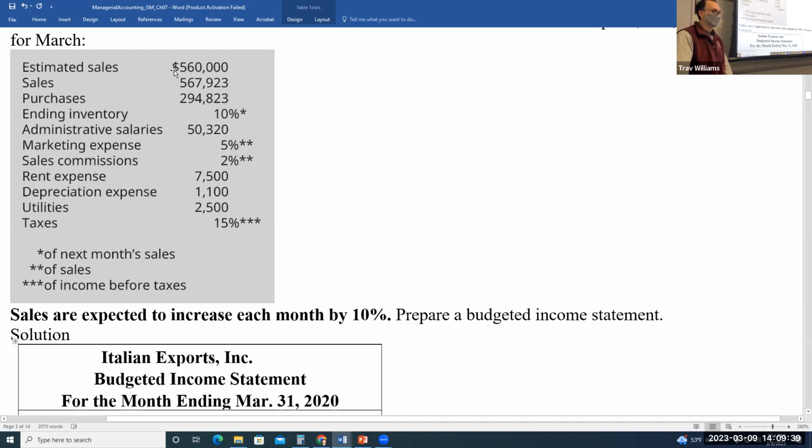Okay, exactly. So like Renee said, if we take our sales, we know our ending inventory is 10% of the next month. That means our ending inventory from last month would be 10% of this month, which means our beginning inventory is 10% of this month. Would you use actual sales? Yeah, we're going to base it on the estimate.